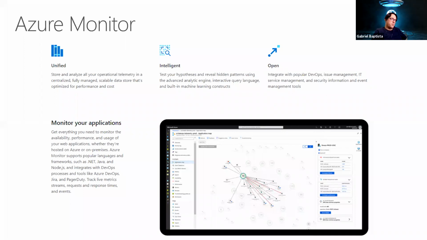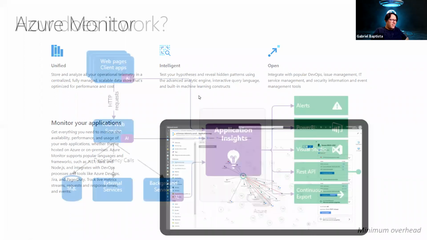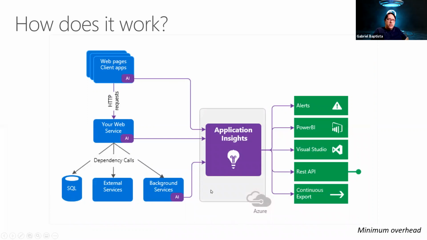Yeah. And how does it work? It works in a very simple way. You have, for example, Application Insights that you connect in your web page, your web app, your background services, right? With a minimal overhead.